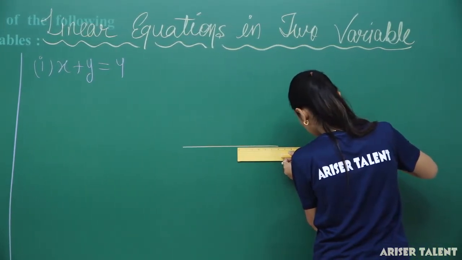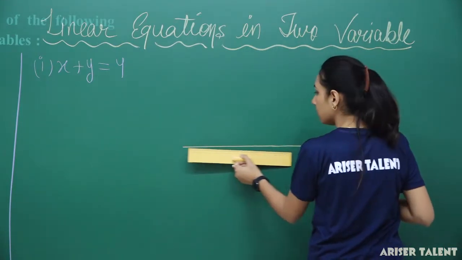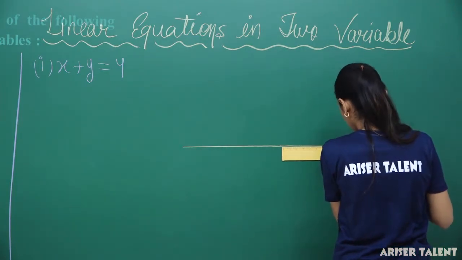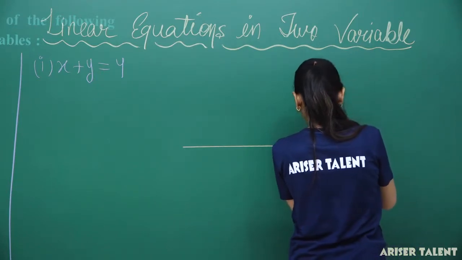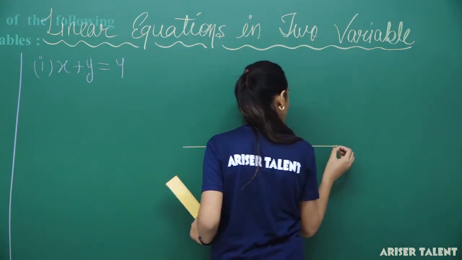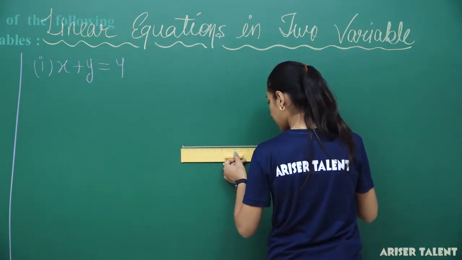Right? So this is something like 15 here and 8 here, right? 22 centimeters. So at 11 the mid will be here at 11.